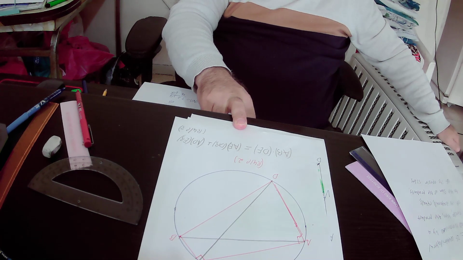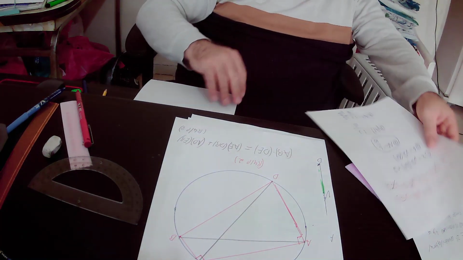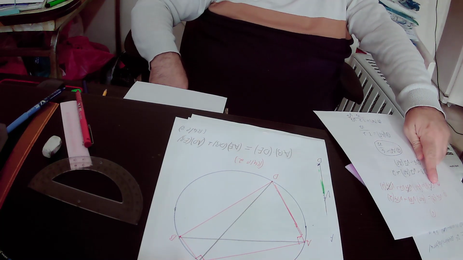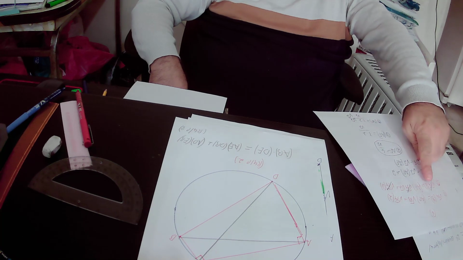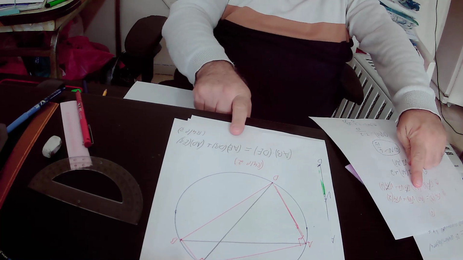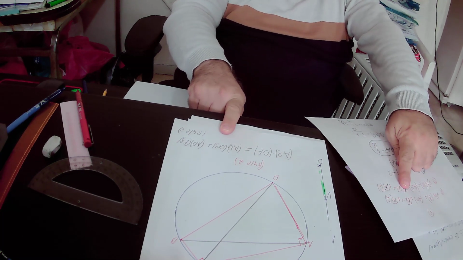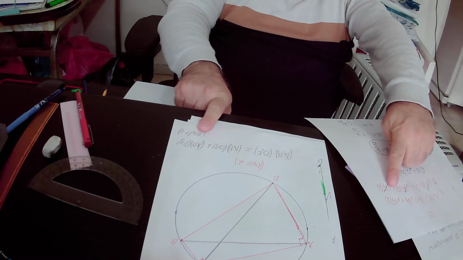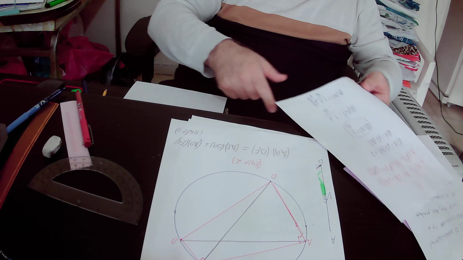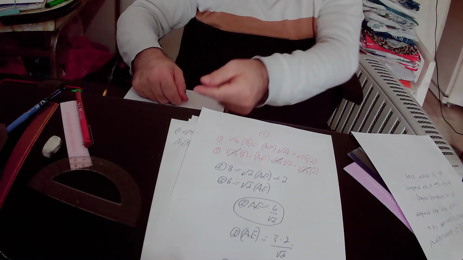AE is the only missing variable, because we know that AB equals square root of 34, DE equals 8 units, DB equals square root of 68, AD equals square root of 34, and EB equals 2. And the only missing variable here is AE.